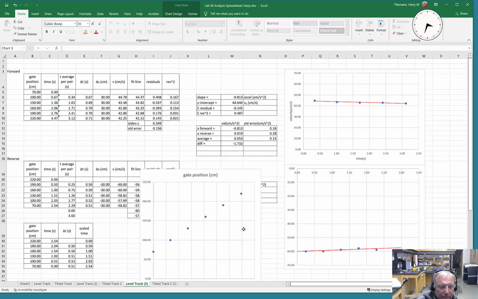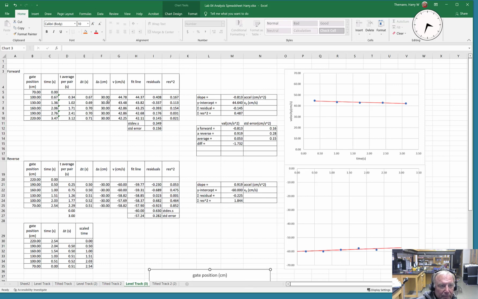Okay. And we have a delta S, just the difference between those two. And then a velocity is delta X over delta T. All right.